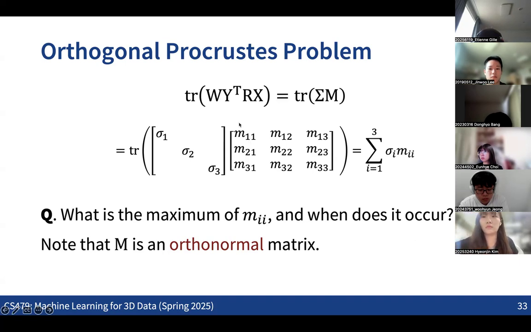So let's say we set 1 for all the diagonal terms here. Then what should the other terms be? The other terms should be 0, because otherwise it cannot be an orthonormal matrix, right? The norms of each of the rows and columns should be 1. So if we set the diagonal terms to be 1, then all the other terms should be 0. So this means that the trace of this matrix multiplication is maximized when M becomes the identity matrix, right?